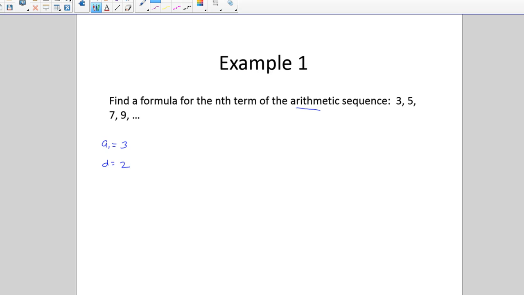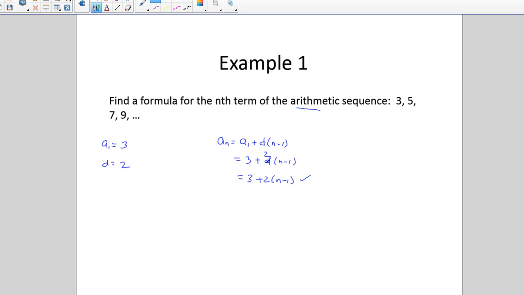So to find the nth term, again, we want to have this be a function of the first term and n. So a1 plus d times n minus 1 gets us to the nth term, and then we just plug in what we know here. 3 plus d times n minus 1. Oops, d was 2 there, sorry. 3 plus 2 times n minus 1.